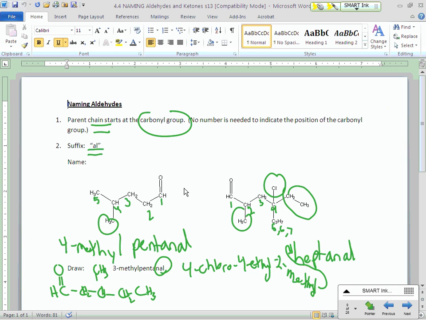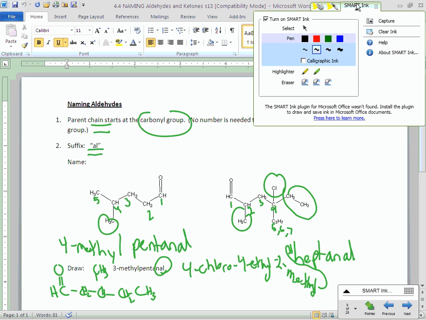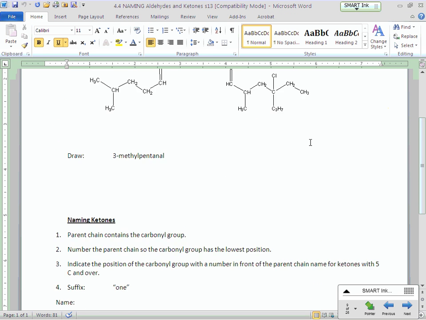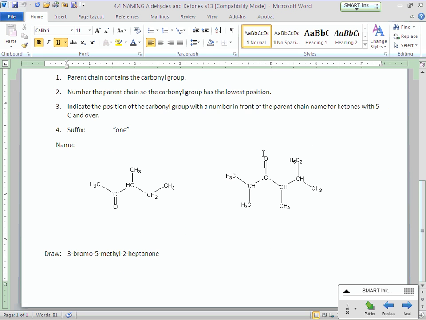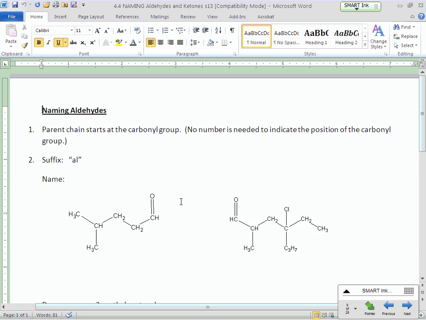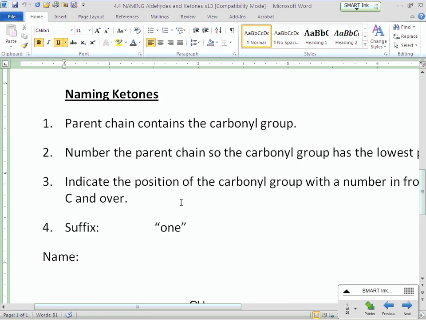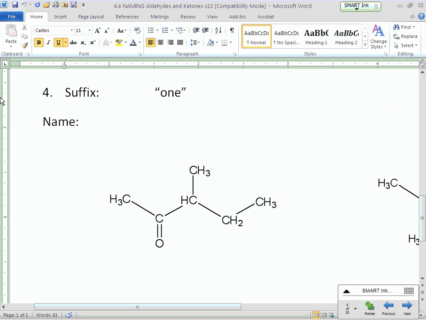Okay. We'll head back to this. We'll clear the screen, move down here, and zoom in a little bit. Okay. Let's take a look at this one. So again, we are locating the longest chain. 1, 2, 3, 4, 5. Right? 1, 2, 3, 4. Not long enough. Has to have the double bond. 1, 2, 3, 4, 5.